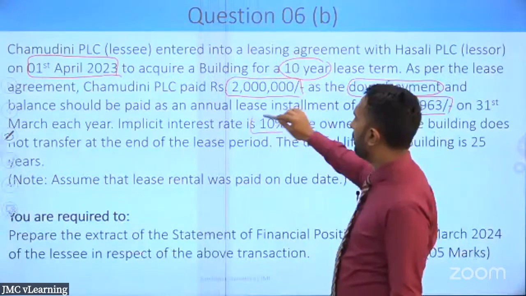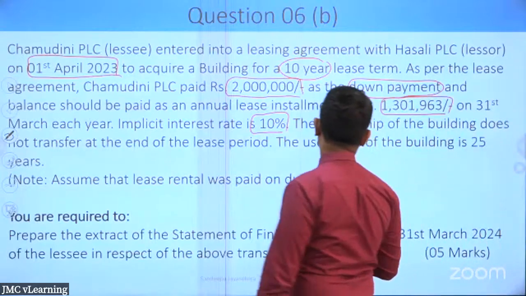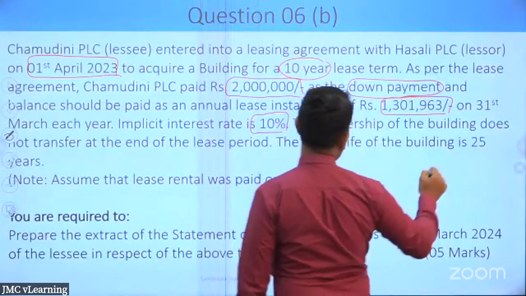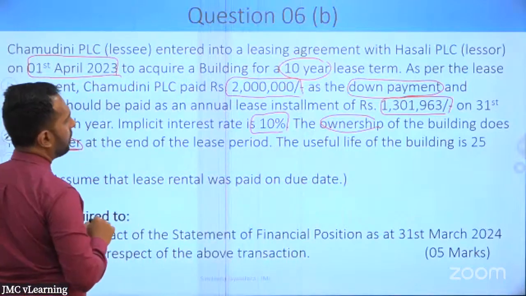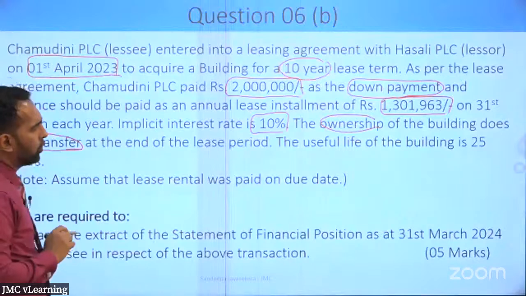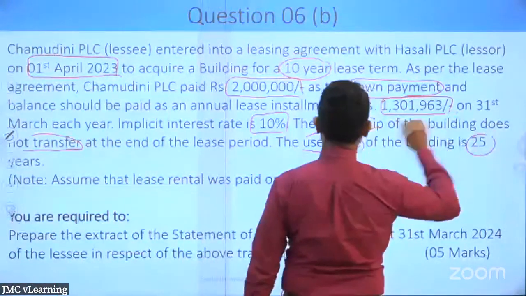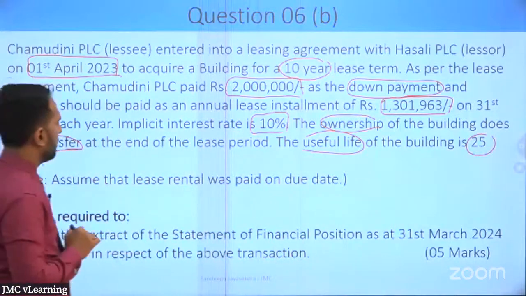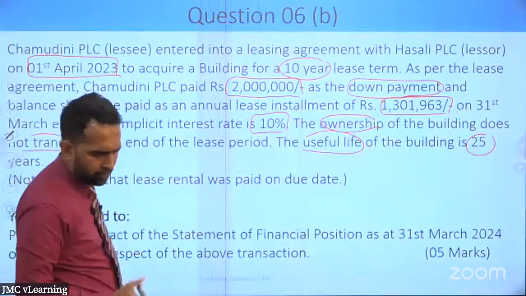Implicit interest rate is 10%. The ownership of the building does not transfer at the end of the lease period. Useful life of the building is 25 years. Assume that the lease rentals were paid on due date.